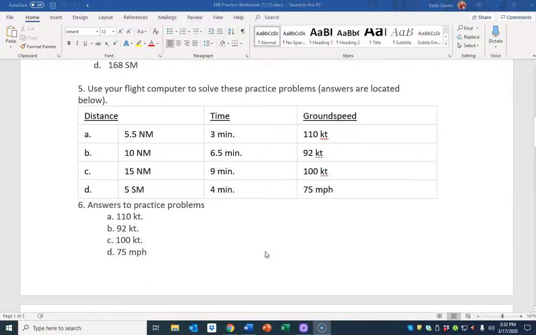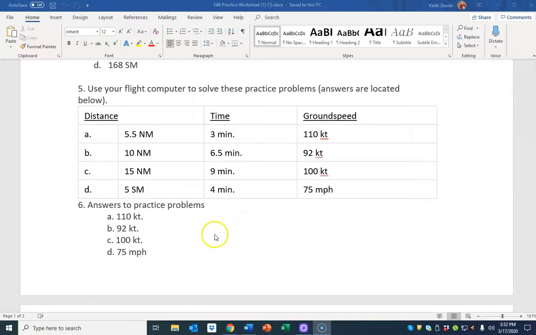Number 5, down here. We want to find ground speed now given distance and given time. So it's exactly the same type of problem, but now you're going to use your A and your B rings, and then you're going to go back and find the reference spot there to find how fast you're going.